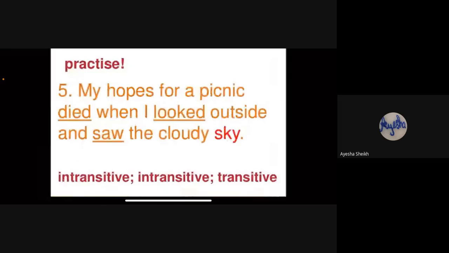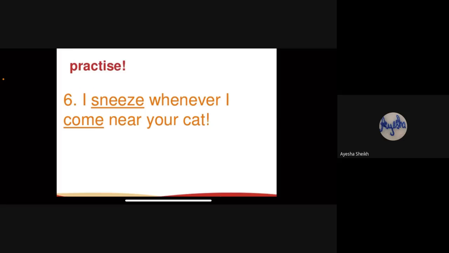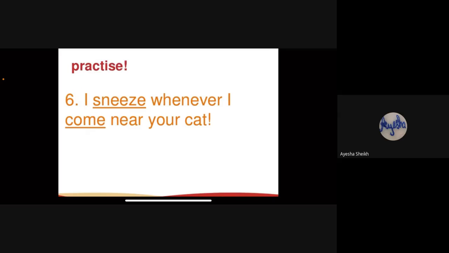Next, two are given. Now you could tell me orally. First one is intransitive and second one is transitive. Okay. I sneeze what or whom? Not given. I come what or whom? So are you sure the second one is transitive?